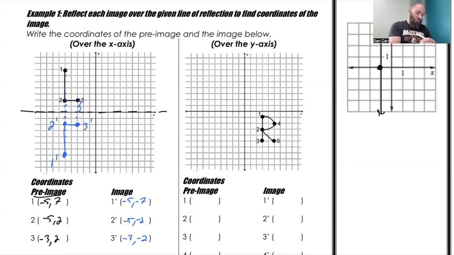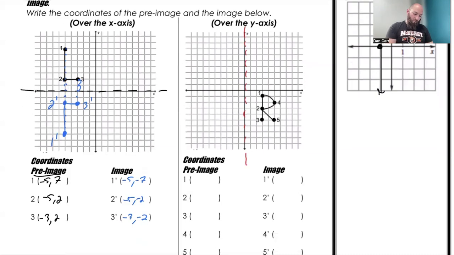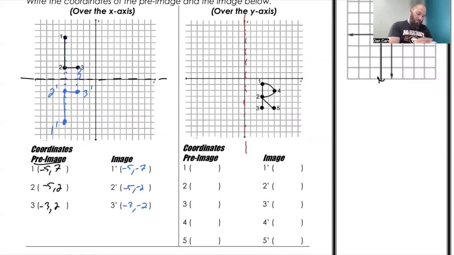For the next one, we want to reflect over the y-axis. So I'm going to do that in red. Here's my y-axis. Okay. Same thing as before, when I do my reflection, well, let me write out my pre-image first, I guess. So I've got point 1 is at 3, -1, 3, -3, 3, -5, 5, -2, and then 5, -5.